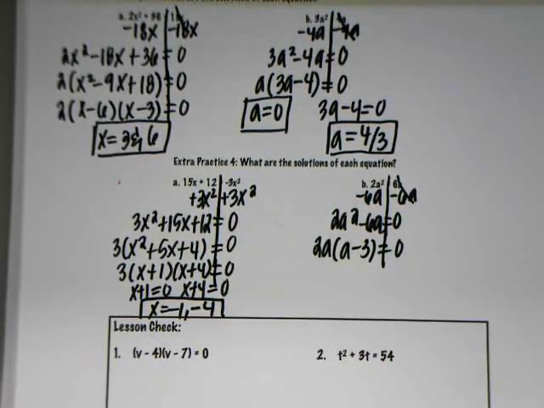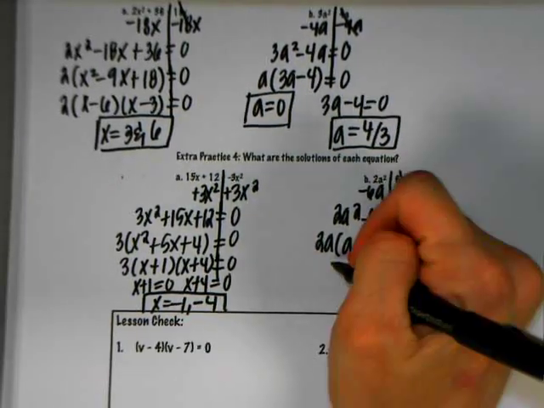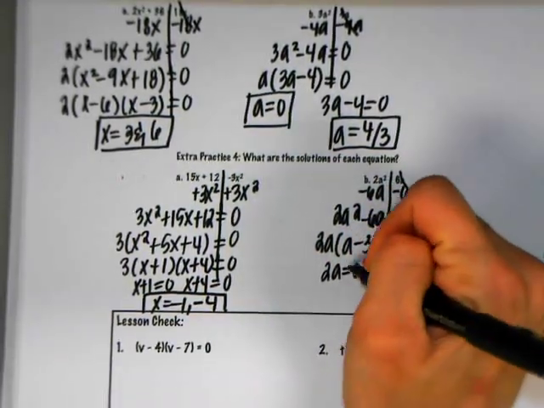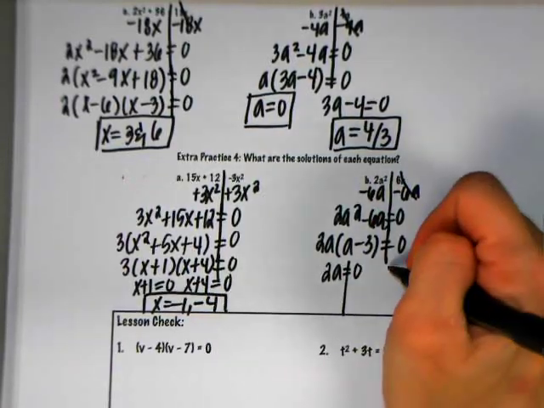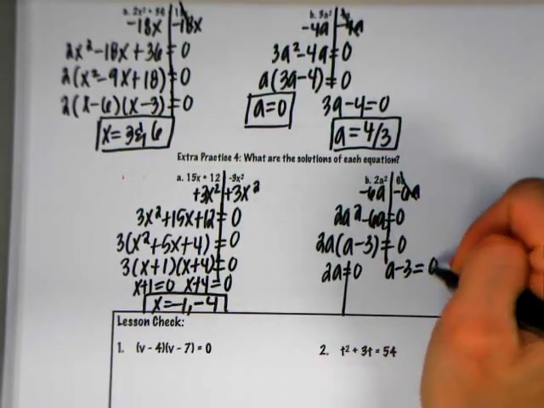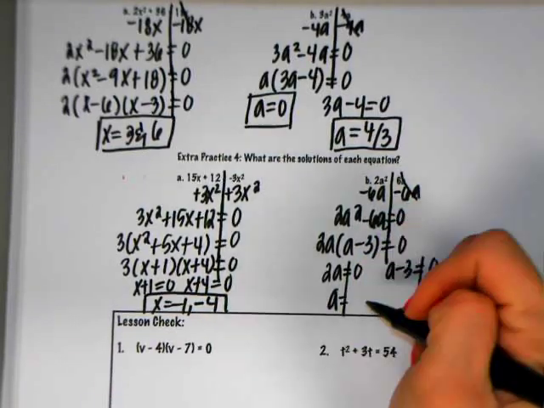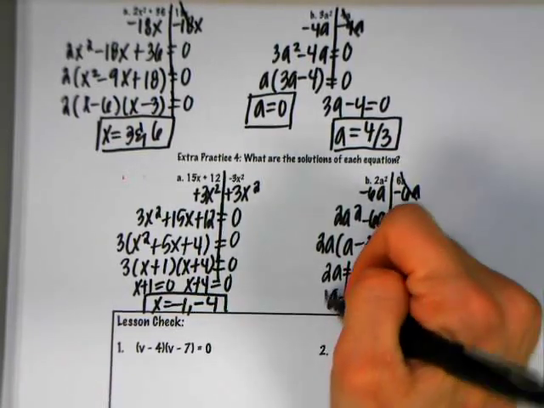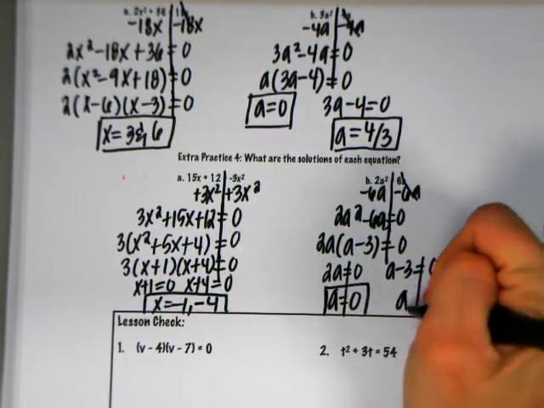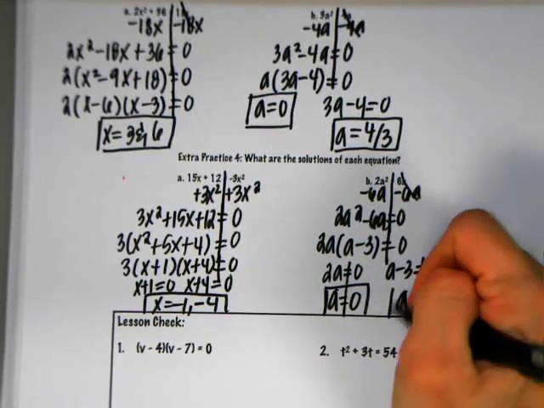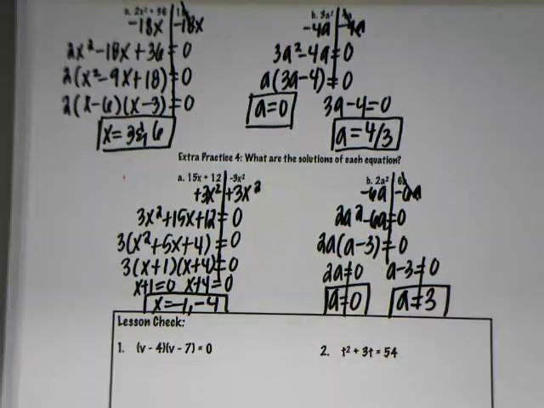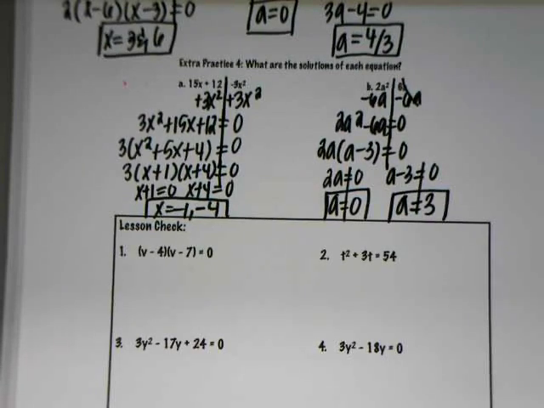All right, in this case, does our GCF have a variable? Yes, 2a, right? So that needs its own equation: 2a equals 0, and then a minus 3 equals 0. So what does a equal for this one? 0. What about this one? Good?